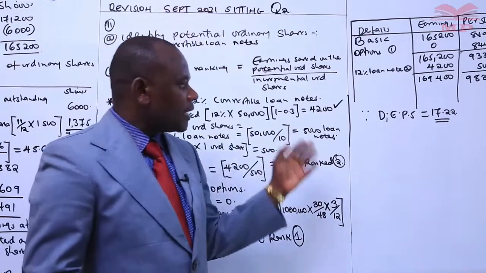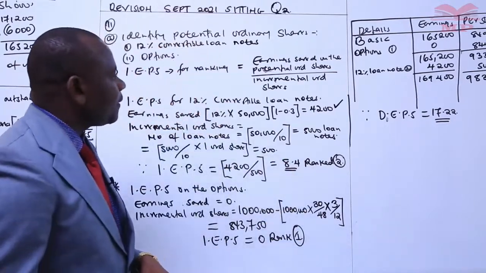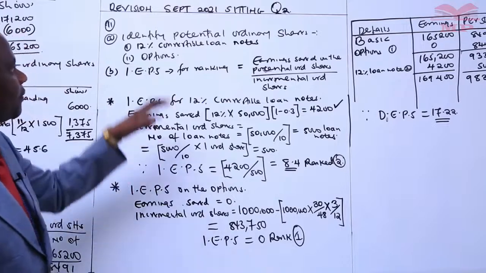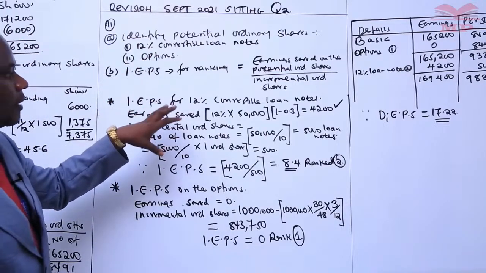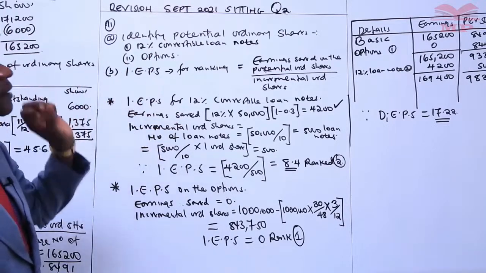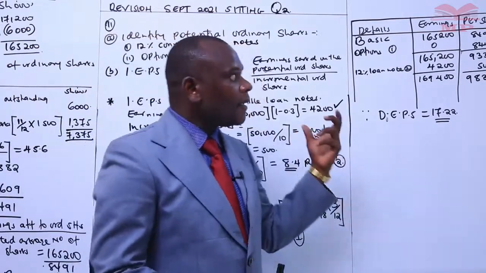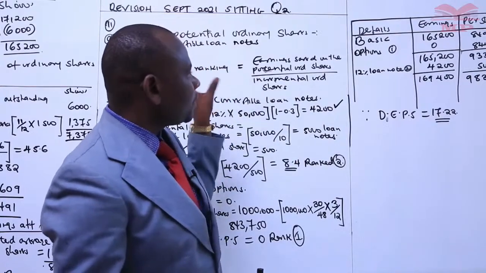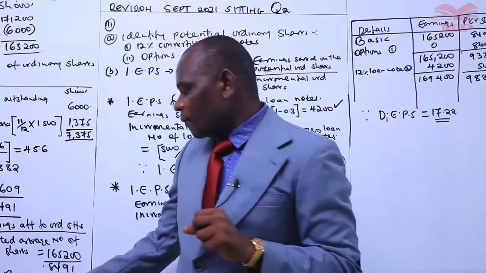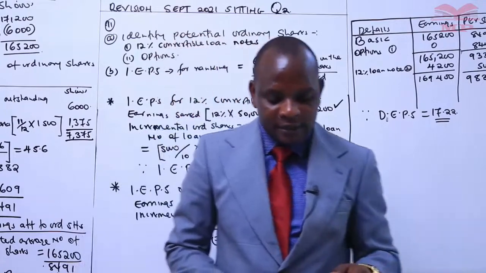And so, just as Andy had indicated, potential diluted EPS is a means that the management is using to project the impact of potential ordinary shares on the basic EPS.